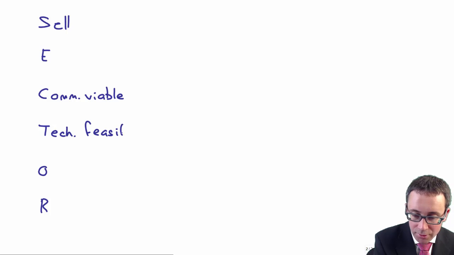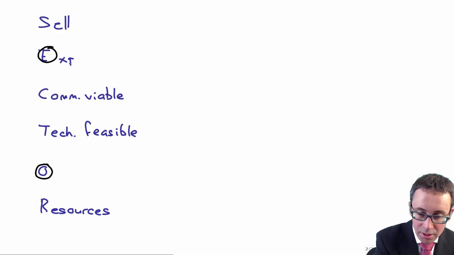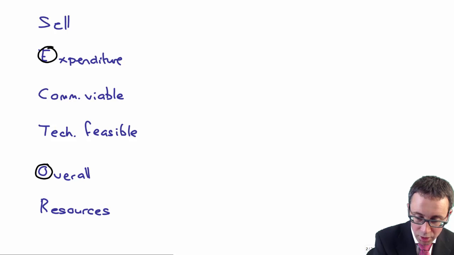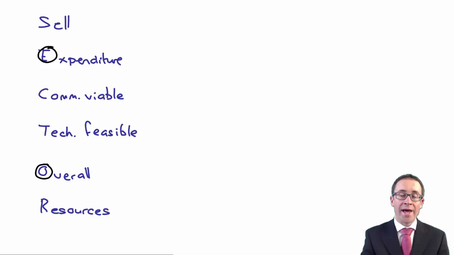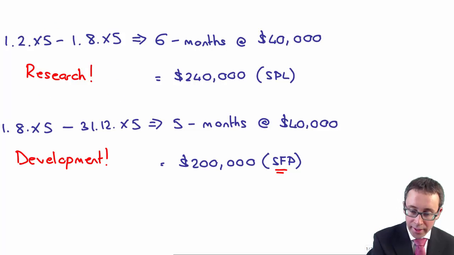I can hear you all shouting at me now. R is that you have the resources, isn't it? And then those last two there are the cheats, aren't they? In that you can measure it reliably. So that's looking at the expenditure. And then O is probable, or your overall economic benefit. Okay, there we go. Again, just to add it in, so I've written it all in.